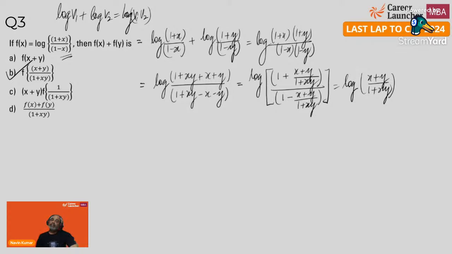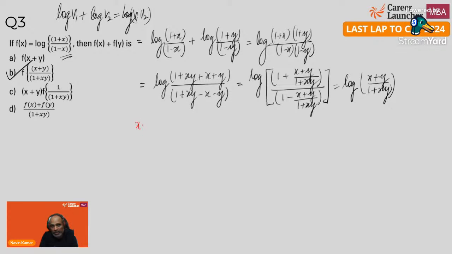If I take x as more than 1, then still I'll have a negative. If I take x as 0 and y also as 0, basically all the options will satisfy, right? So I'll have to come up with a different value of x and a different value of y, basically. So what I'm going to do is just give it a try.